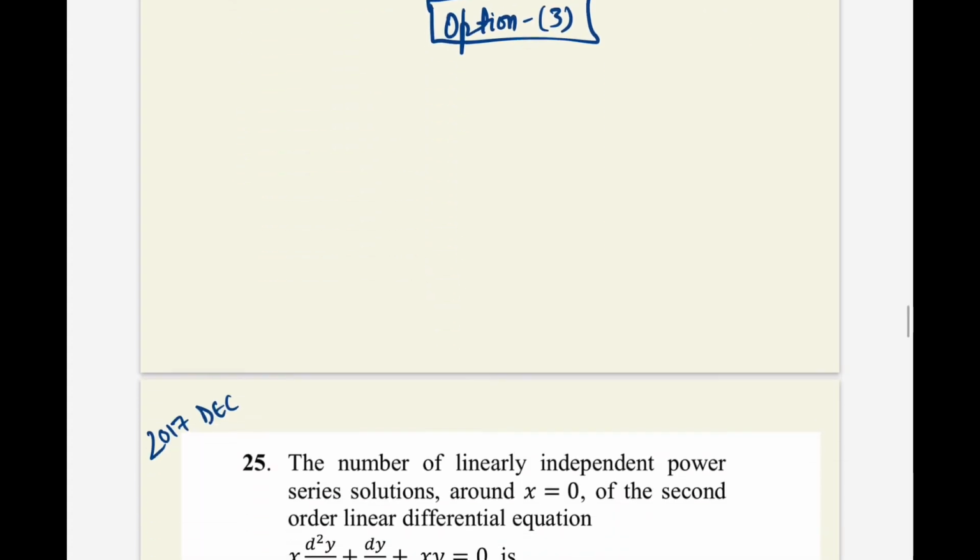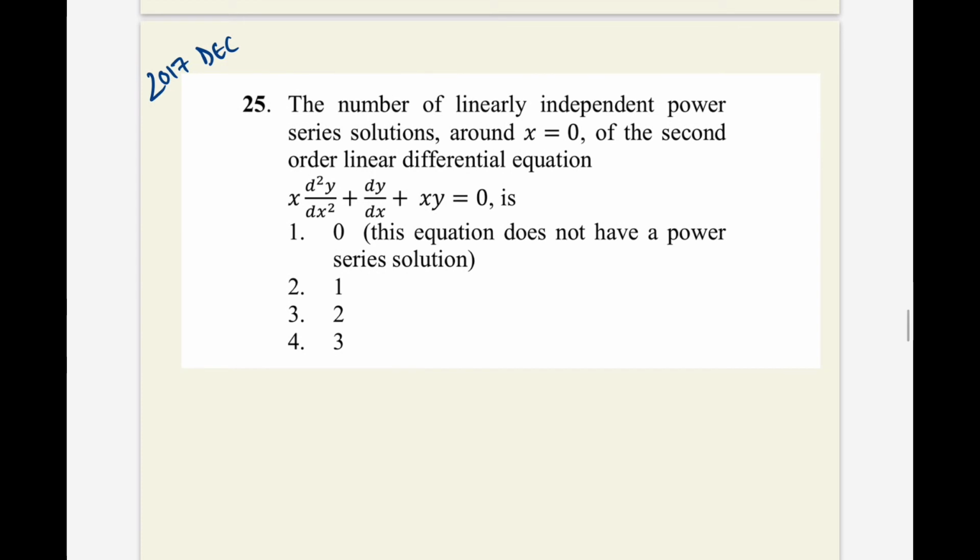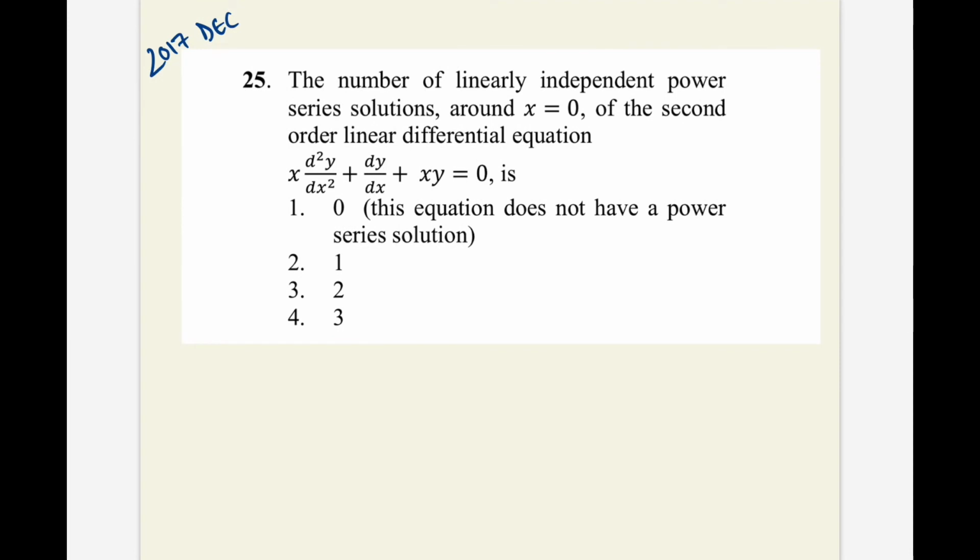Now another question is from 2017 December. The number of linearly independent power series solutions around x equals 0 of the second order linear differential equation x d2y by dx square plus dy by dx plus xy equals 0 is. Now this equation resembles Bessel's differential equation.